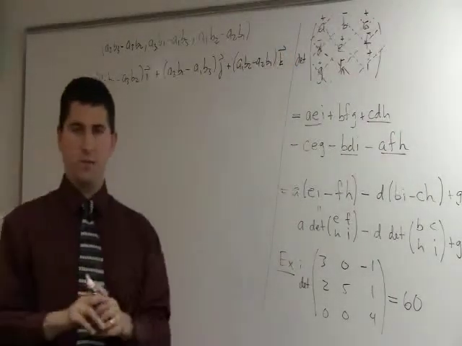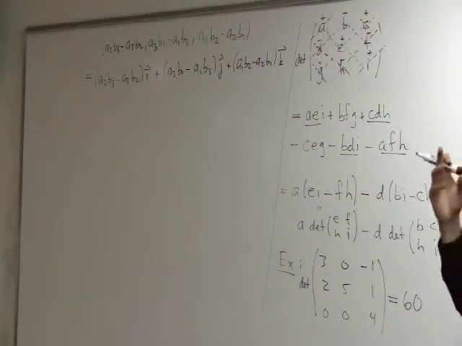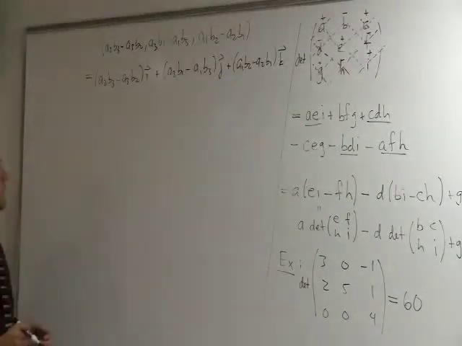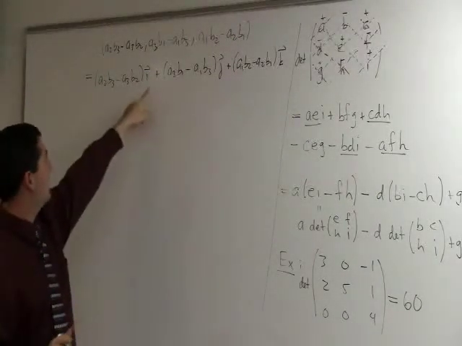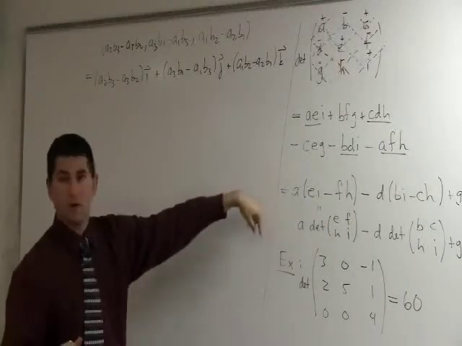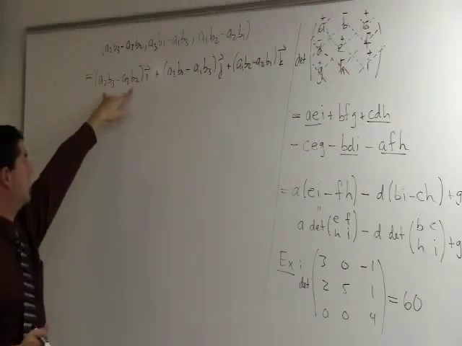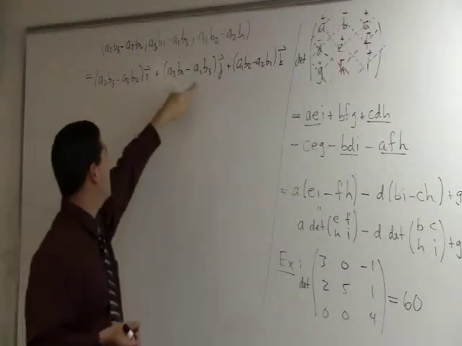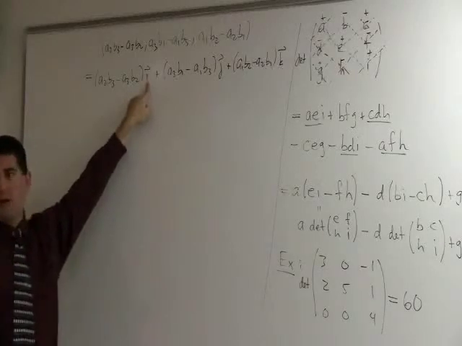Remember, I is the one that goes in the x direction, it's a unit vector, J goes in the y direction, K goes in the z direction. And now look here, this actually looks a lot like what we're getting at here. You have some coefficient which is a determinant, and then you have something outside that you multiply by.